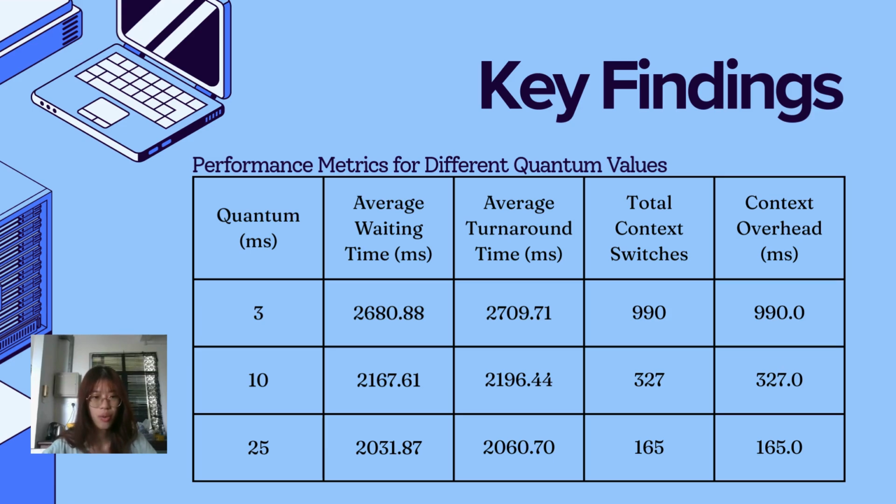When we increase the quantum to 10 milliseconds, those switches drop significantly to 327. Finally, at 25 milliseconds, we achieved the lowest waiting time of 2031.87 milliseconds because we only have 165 context switches.